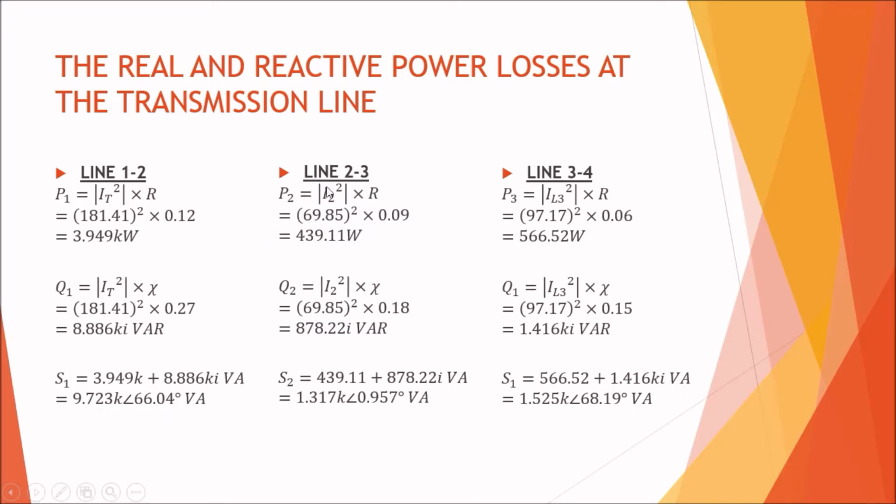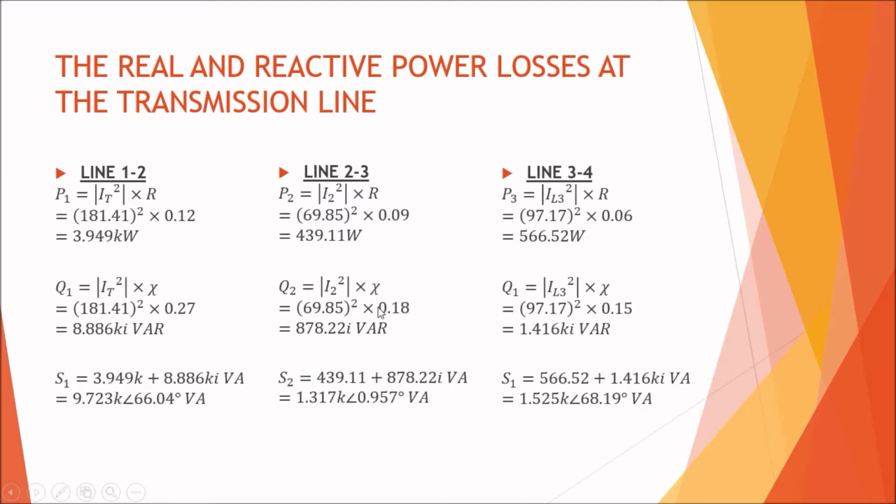Next, for the line 2-3, use the same formula like line 1-2, but different value of I and R. For the value of I, we use 69.85 square. We multiply it with the value of resistor, which is 0.09, and it equal to 439.11 watt. For reactive power, use the same value of the current, then we multiply it with the imaginary value.